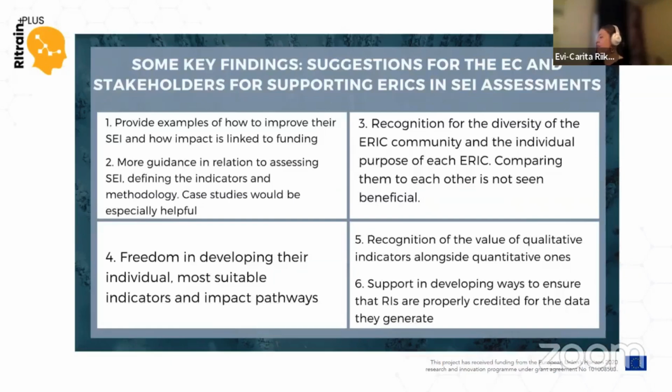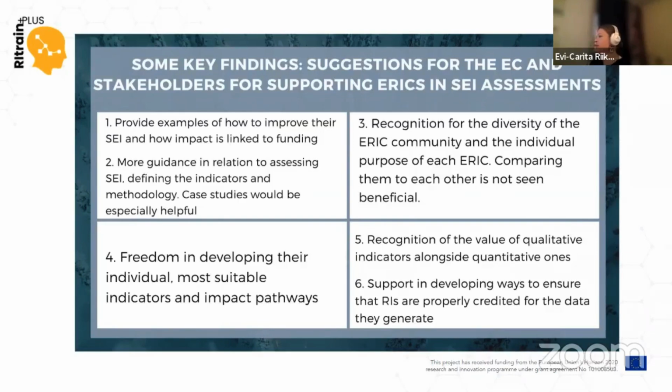Some, for example, mentioned that forcing the same way of assessing impact or the same kind of indicators is not working for everybody. And also some RIs will produce more tangible impacts or more direct impacts than others. So they also said that it would be important to have the freedom to develop RI-specific most suitable indicators and impact pathways.